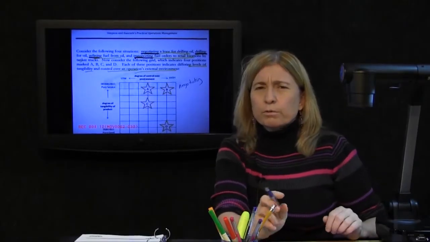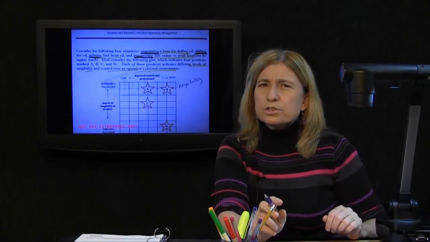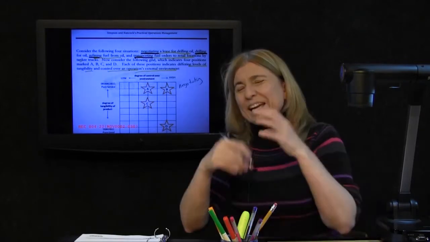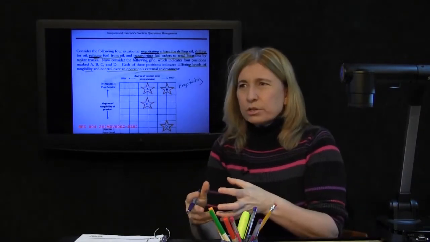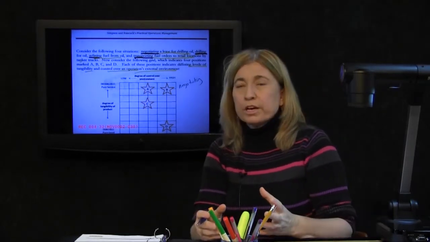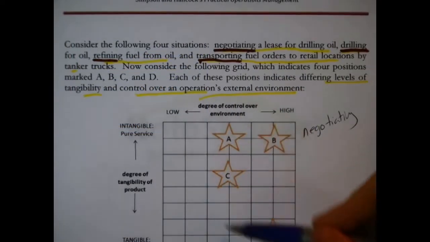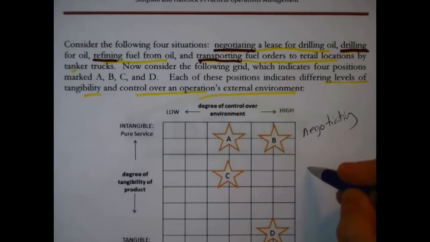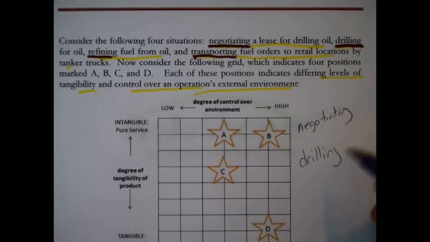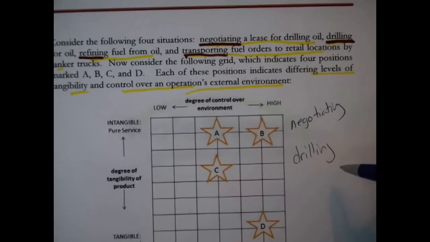Drilling for oil is still, in a certain sense, a service, and generally firms are hired to do that, although they're creating a well, so it has tangible elements, substantially more than negotiating. So I'm not sure where drilling goes on this grid, but I know that it goes below negotiating. This is scratch work on the side. I'm just noting that it's going to be somewhere farther down.